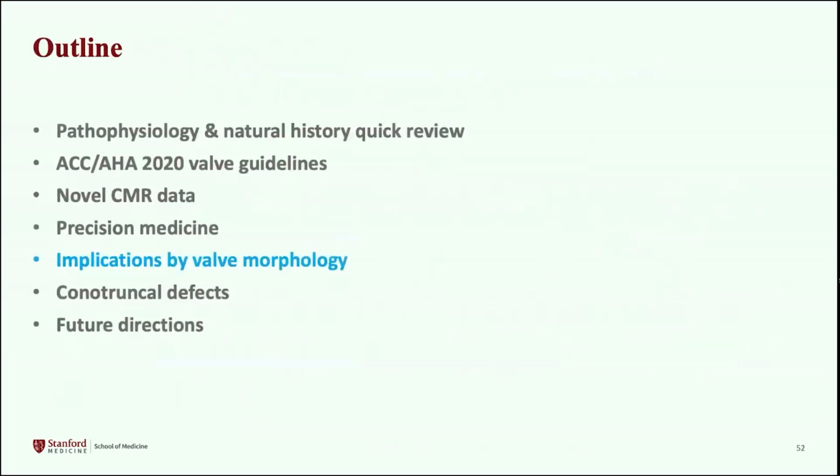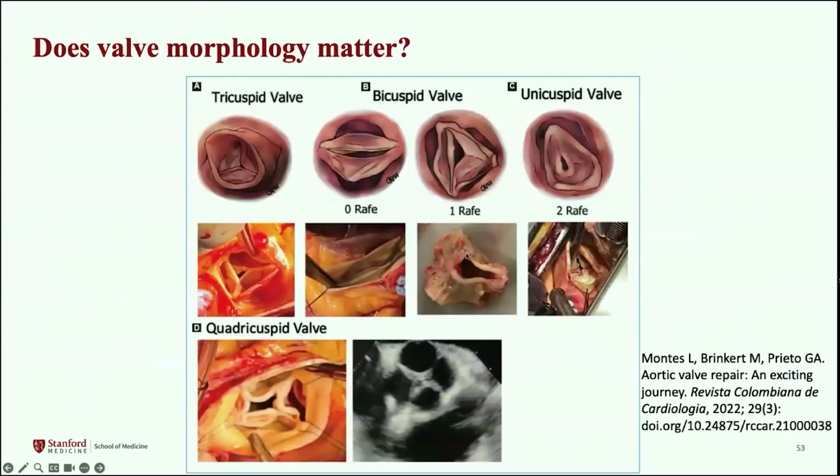All right, so what are the implications by valve morphology? Does it matter if you're bicuspid versus unicuspid versus trileaflet? Here's an overview of our different aortic valve phenotypes.